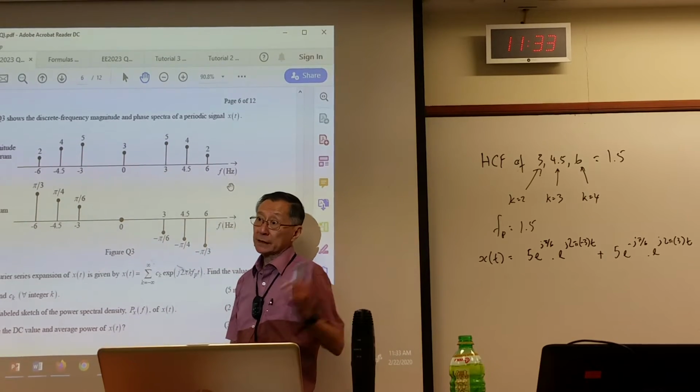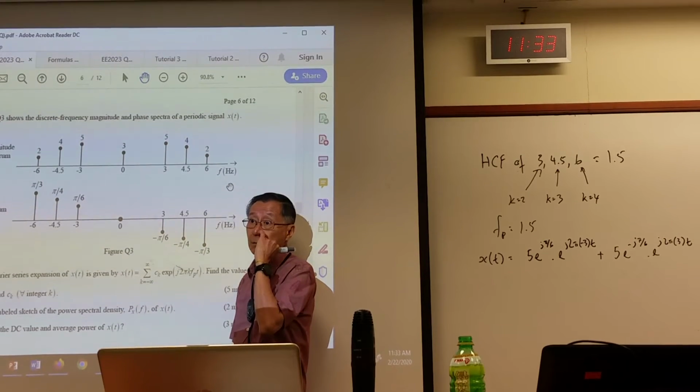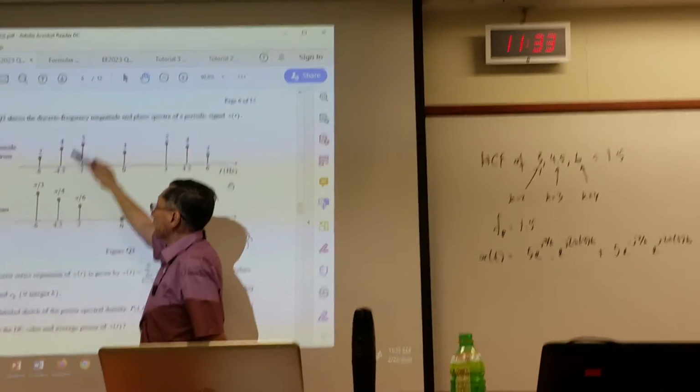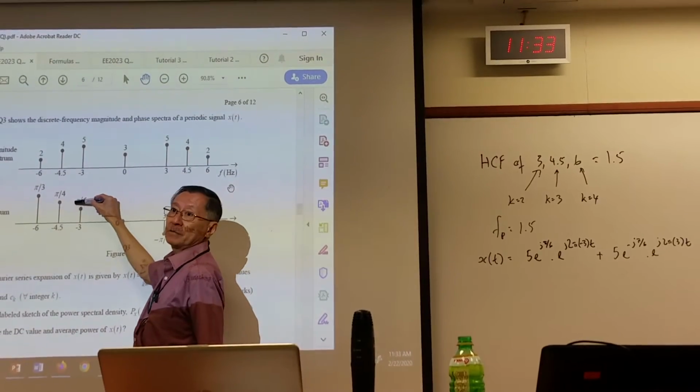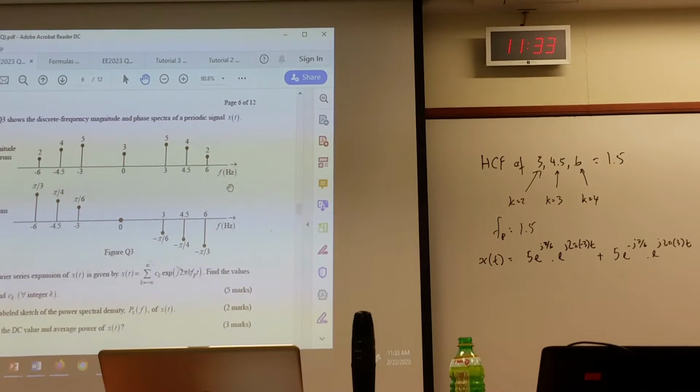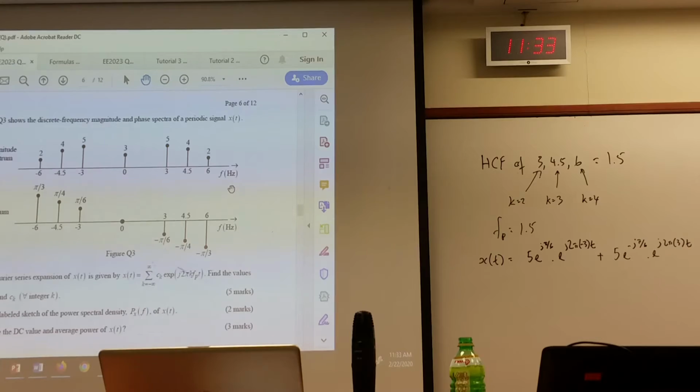Alright, you need to know how to write all these expressions. Then let's take the next one. Minus 4.5, 4 at the phase of pi over 4. The same thing, I have to write it down first, because it's what it's asking you.